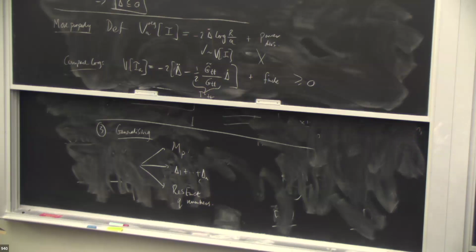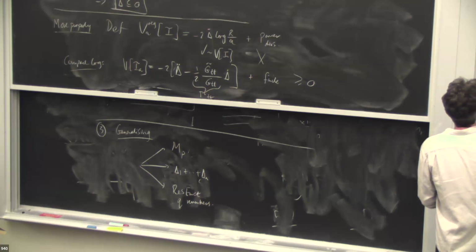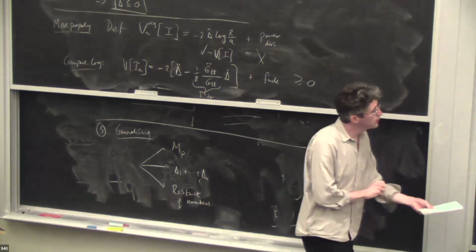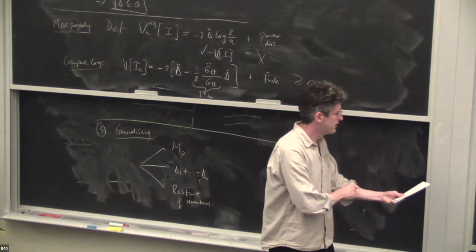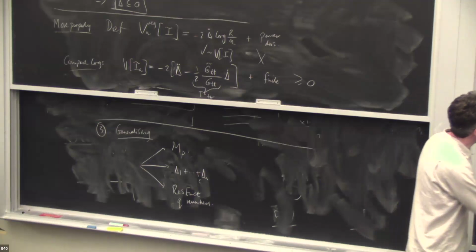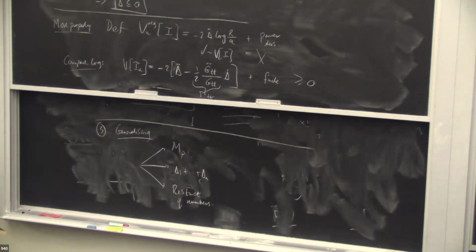So let's go back to N equals 4, which was our starting point. N equals 4 super Yang-Mills. And as I said, we want to have a proper CFT, finite central charge. We'll talk about the planar limit in a minute. So the coupling constant, the marginal coupling, is the complexified gauge coupling, which is basically the theta angle and the Yang-Mills coupling.